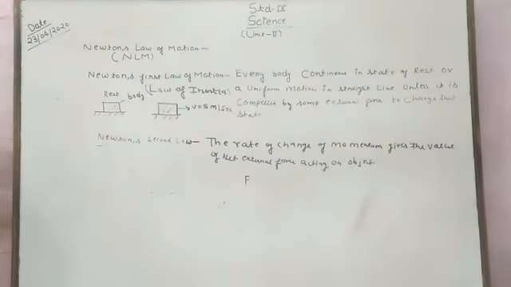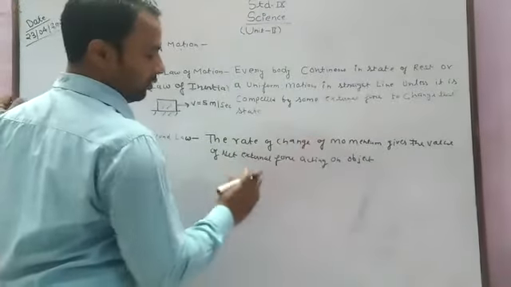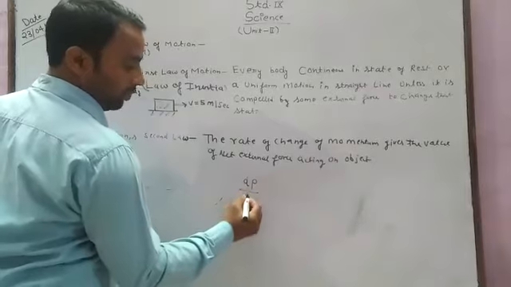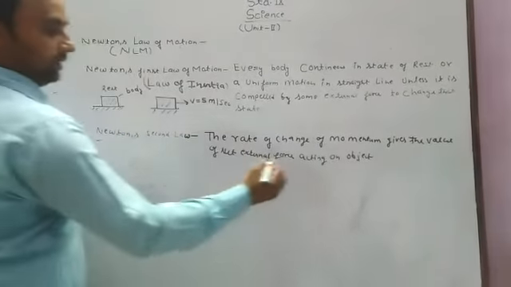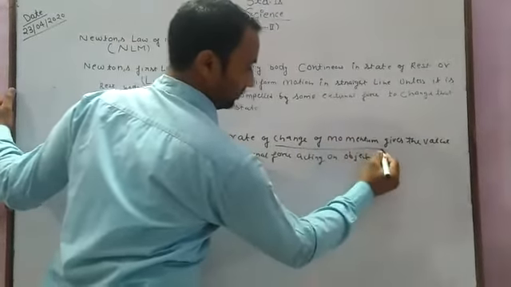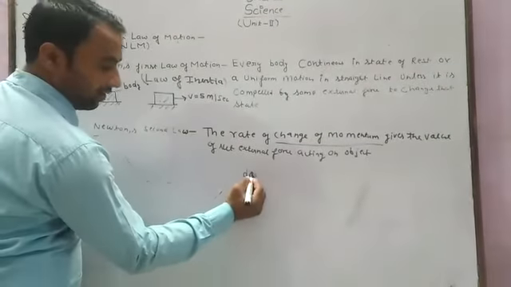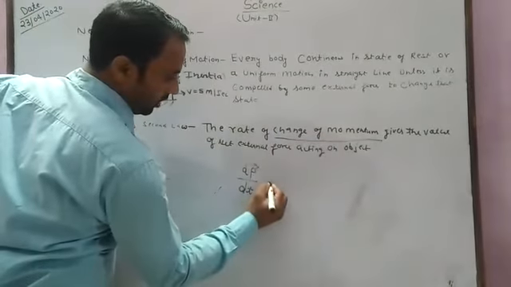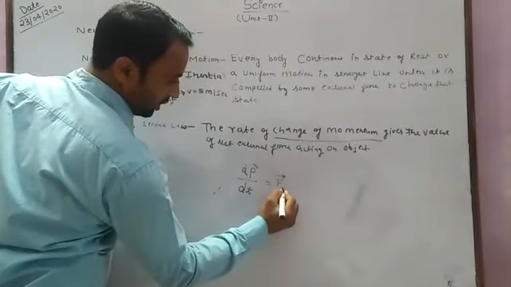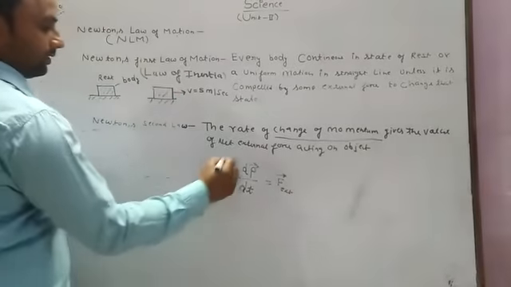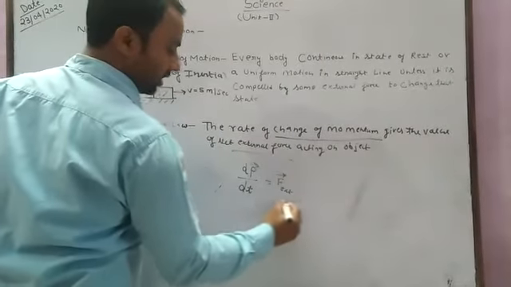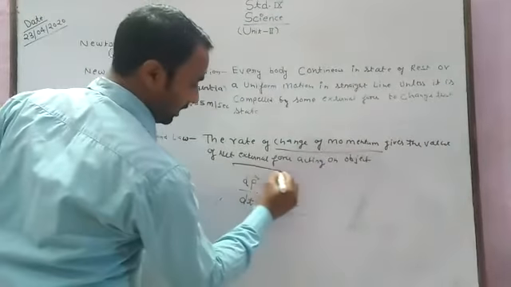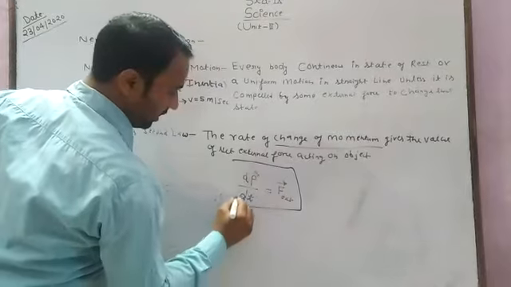The rate of change of momentum means dp over dt, so dp/dt of the momentum vector p is equal to the net external force applied on the object. This is Newton's second law.